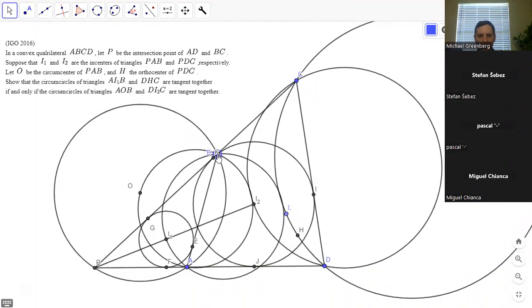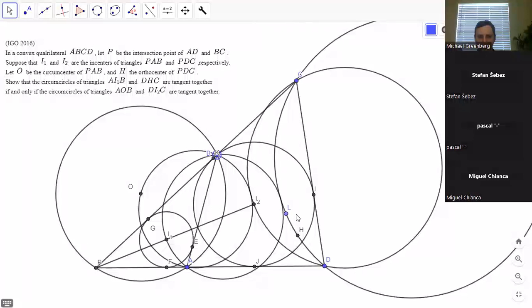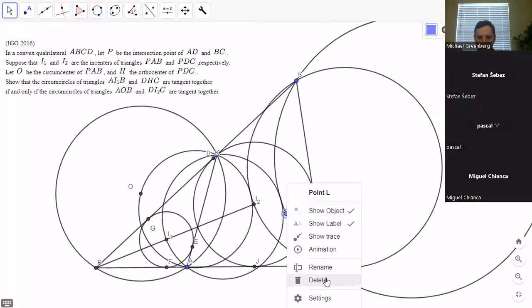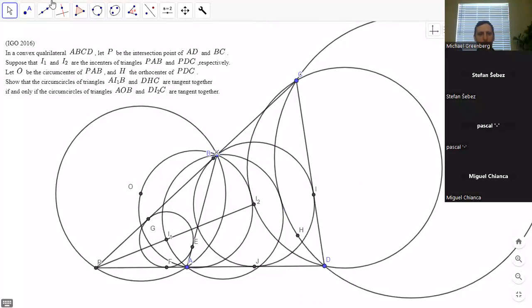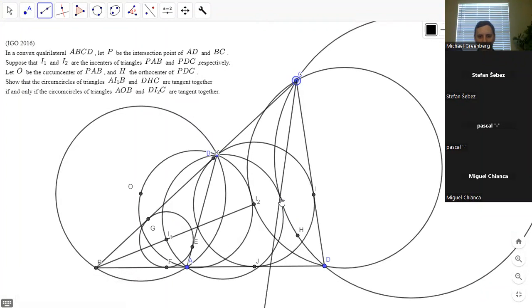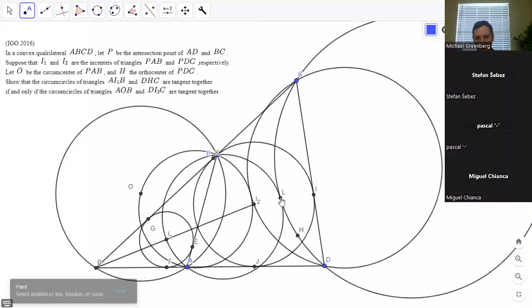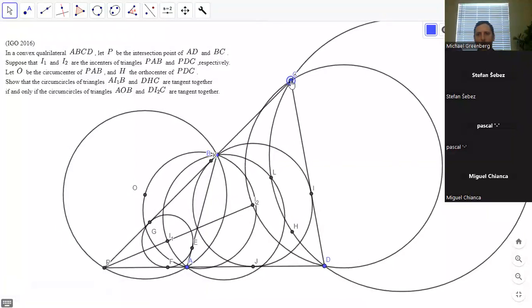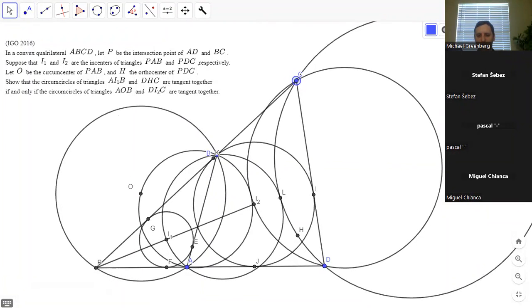I think L was just some point I just drew. Oh wait, how did it draw? Why did it make that black and not blue? Oh, because I made an intersection, I see.